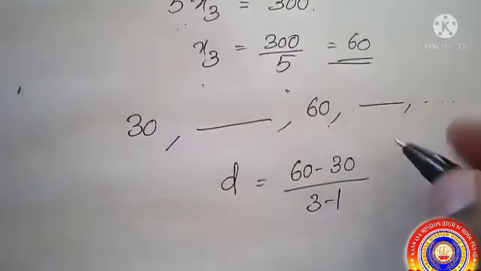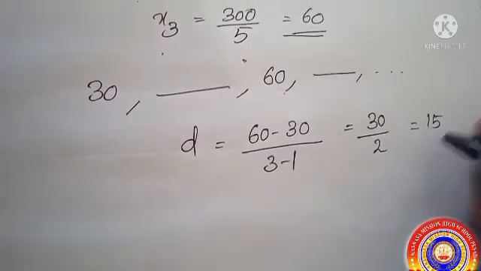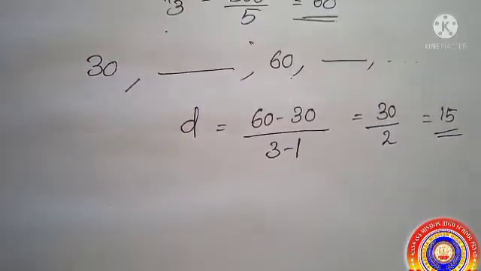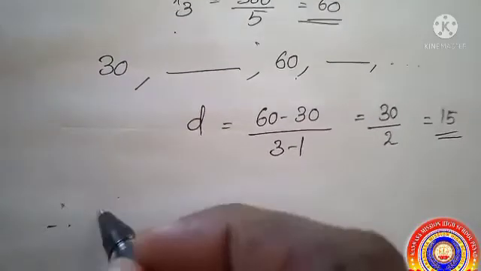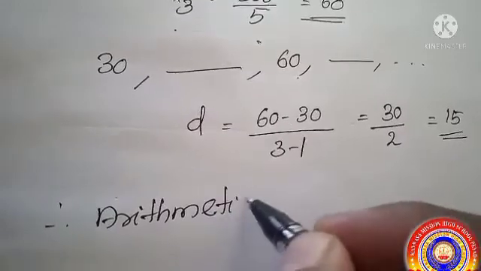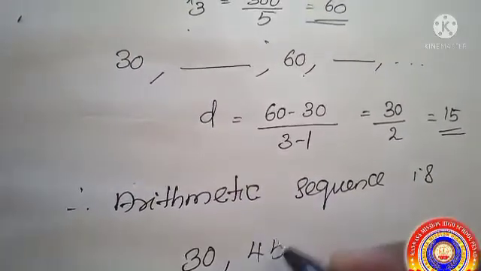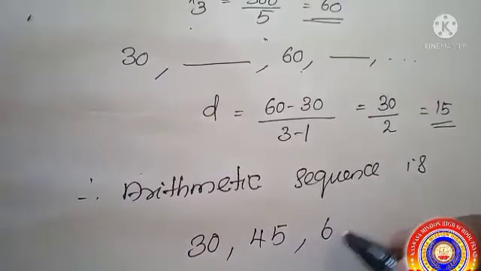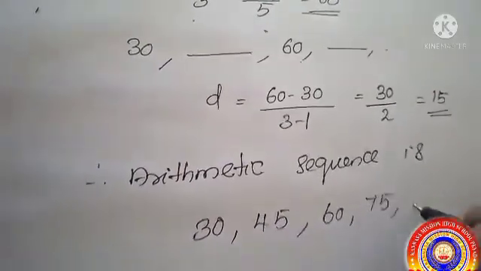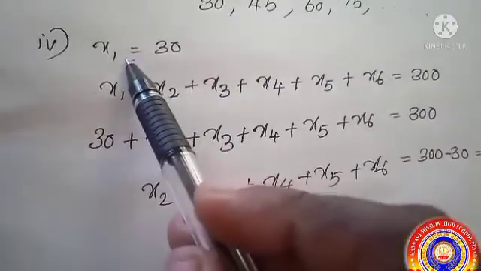Common difference is equal to 60 minus 30 by 3 minus 1, which is equal to 30 by 2, 15. Here the first term is 30 and the common difference is 15. Next, the arithmetic sequence is 30, 45, 60, 75, etc.